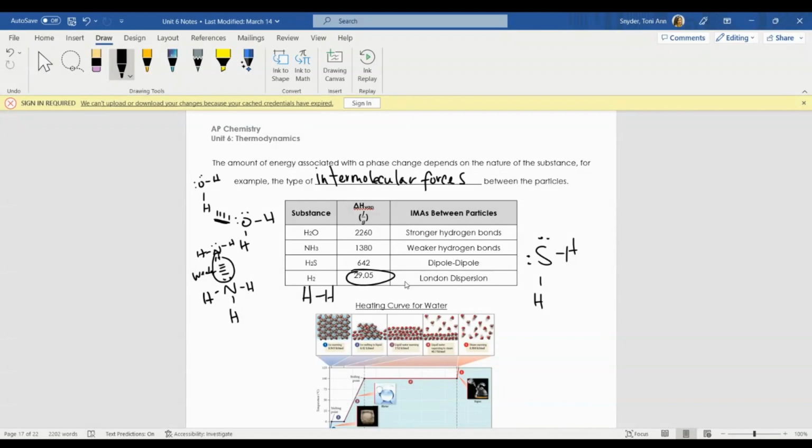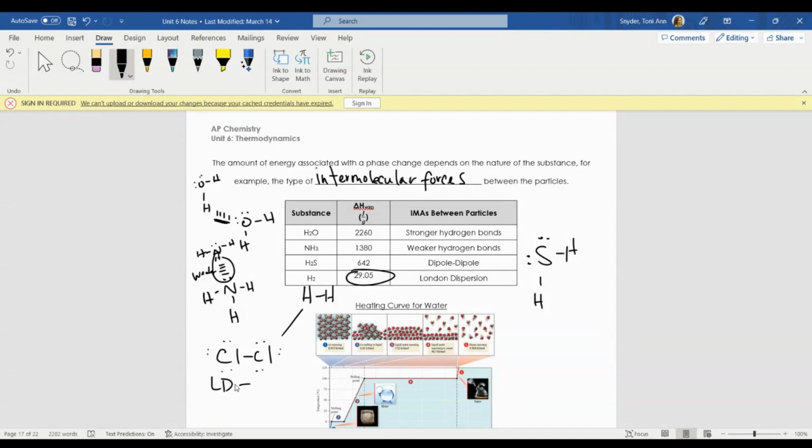So if we remember back to Unit 3, what would we say about the enthalpy of vaporization for diatomic chlorine? Would it be higher or lower than hydrogen? Should be a little higher than that. Chlorine, even though it's nonpolar, has London dispersion intermolecular forces of attraction, but those London dispersion forces are a little bit stronger than they are for hydrogen, and that's because chlorine has more electrons.